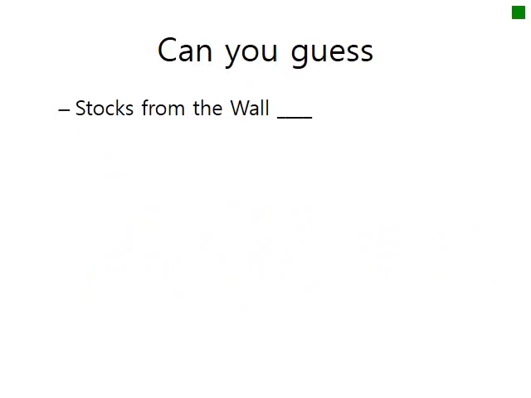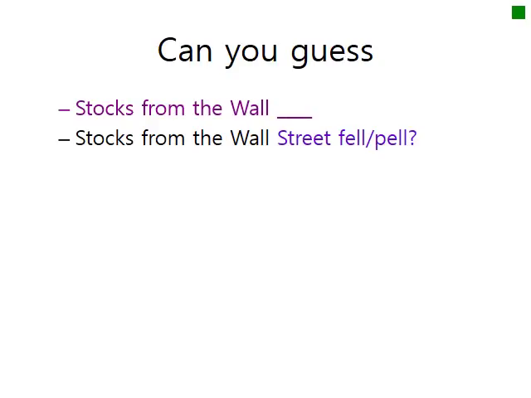I'll show you an example. As human beings, we are quite familiar with common sense knowledge. If I see a sentence like stocks from the Wall and some missing word, it is very easy to guess that the next word is Street, because we are trained with lots of English text that we have read or studied so far. Now let's think about a machine speech recognizer.